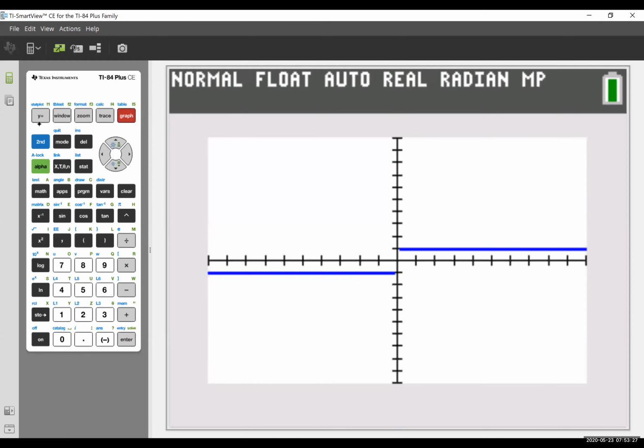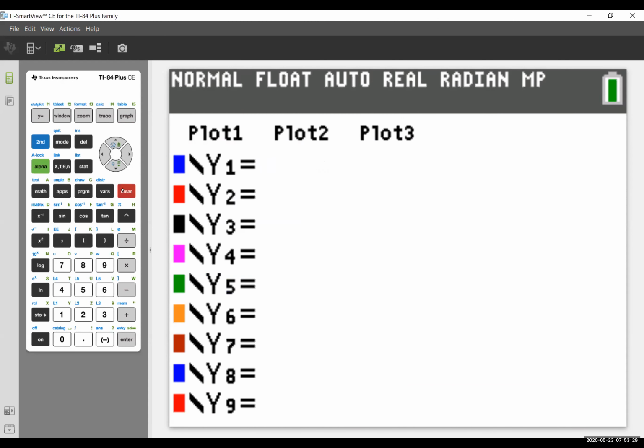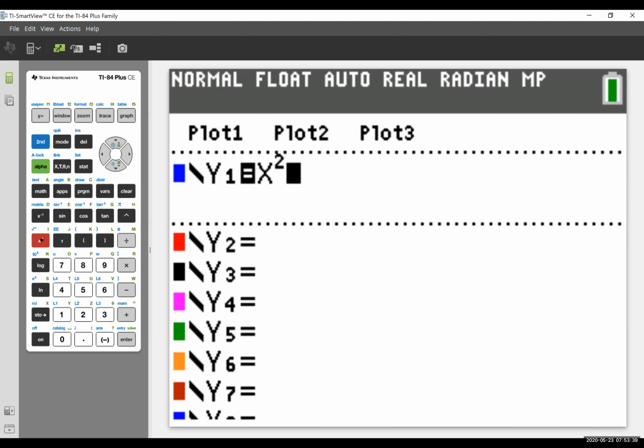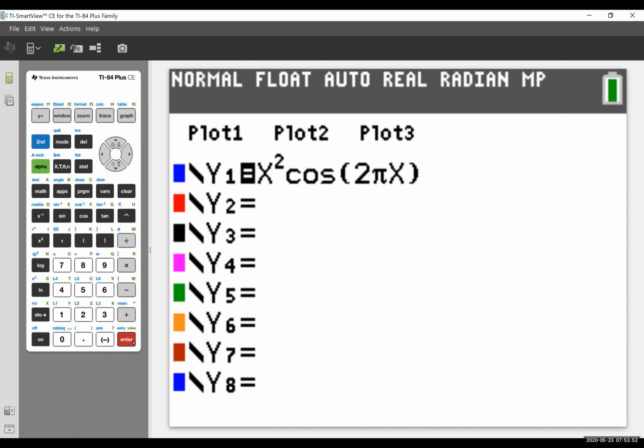I'm going to graph the actual function we were talking about in example 6: x squared times cosine of 2 pi x. So that's the function in question.